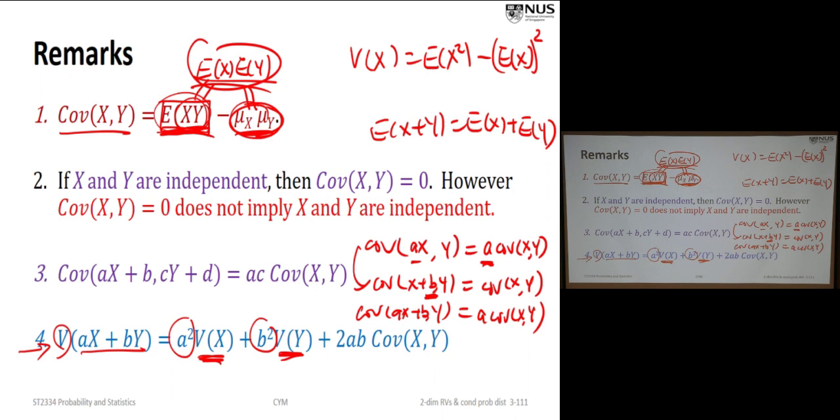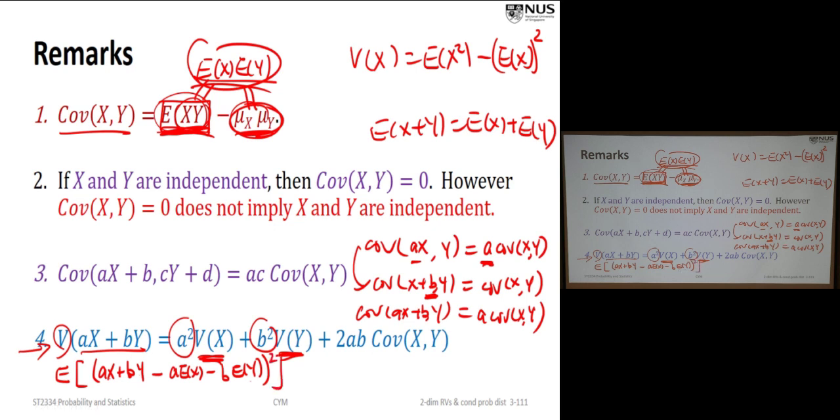Basically, if you recall, what's the variance of ax plus by? It's the expectation of ax plus by minus the expectation of it, squared. The expectation of this whole thing is equal to a times expectation of x plus b times expectation of y. So I just subtract the expectation of ax plus by, and square.